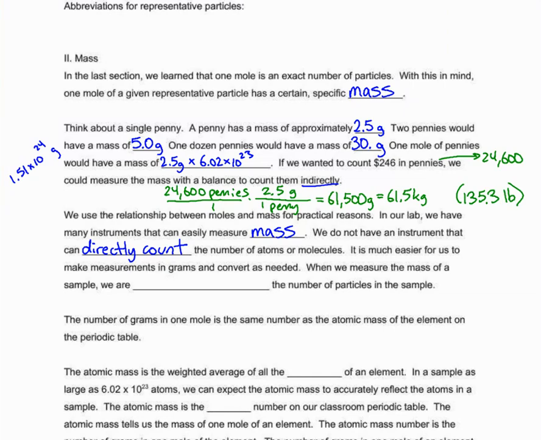The easiest way for us to make measurements is to do it in grams. We're going to measure it on a balance, and then we'll just convert it as needed. So when we measure the mass of a sample, what we are doing is indirectly counting the number of particles in the sample.